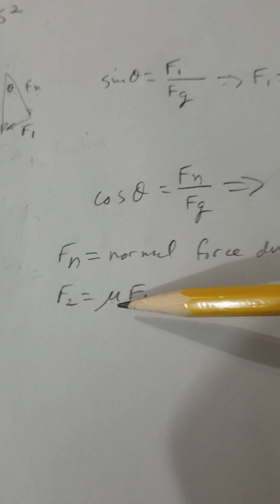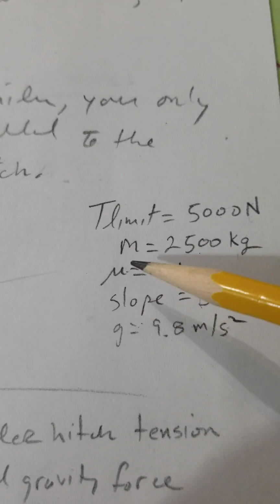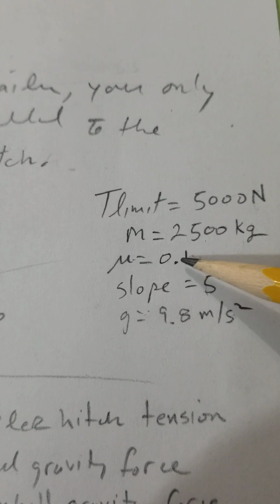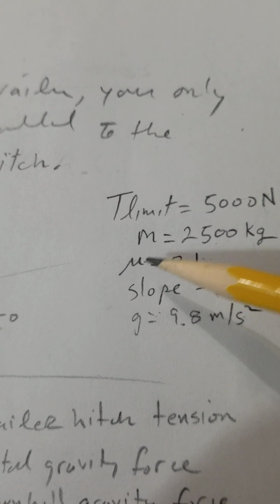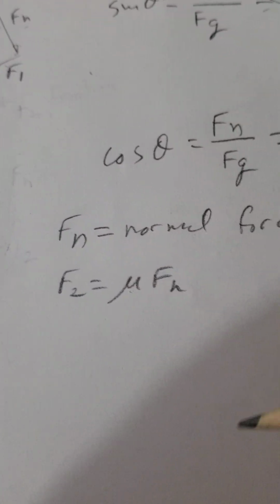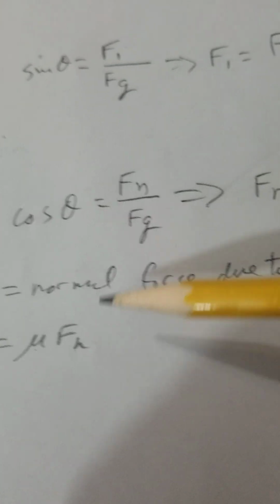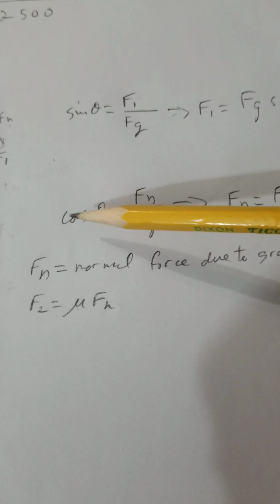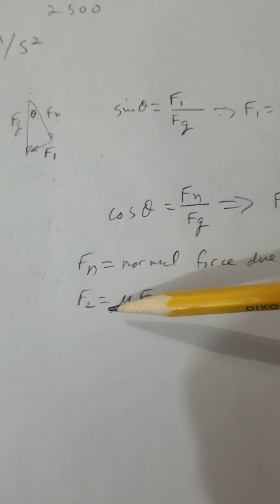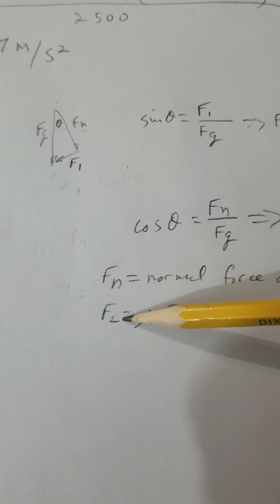Mu is just a character, and that is the coefficient of friction. Mu equals 0.1. I could have used another letter, x, whatever. I just used mu. So I calculated Fn from trig, and I know this formula, so I can calculate F2.